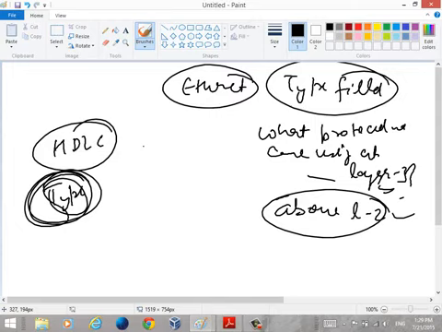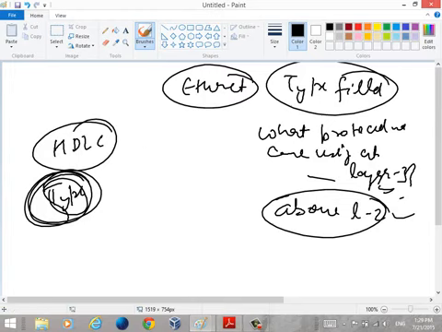Agree or not? So there will be variation in the type field. So there can be a chance that HDLC is supporting multiple layer 3 protocols, and there can be a chance HDLC is supporting only one single layer 3 protocol. That's why it is never compatible.